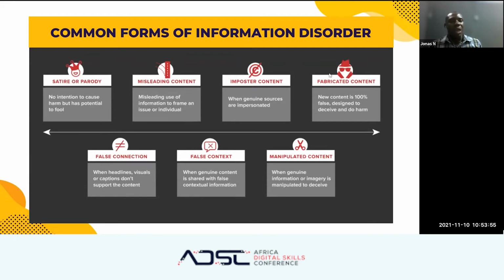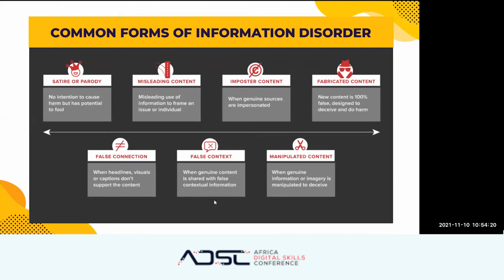So let's say that we have a website called ABC News, and someone decides to create a website called, let's say, ABD, for instance, just to create misleading information. That is an example of imposter content, or someone using the name of a credible person to put out information.